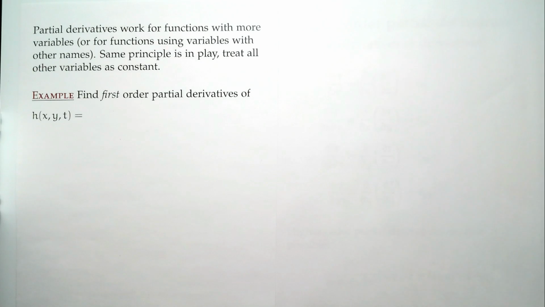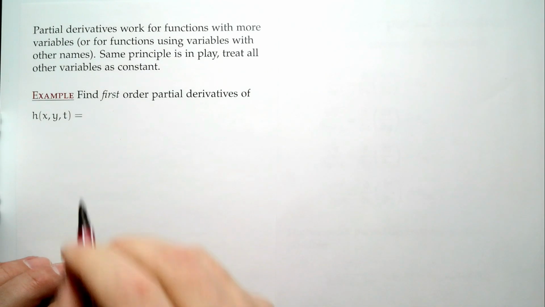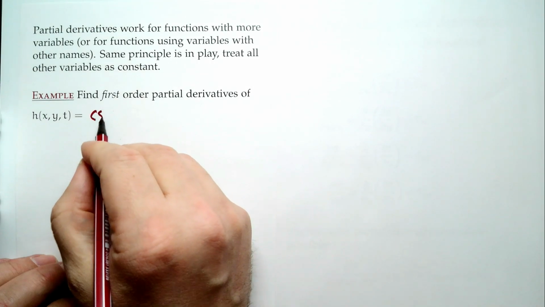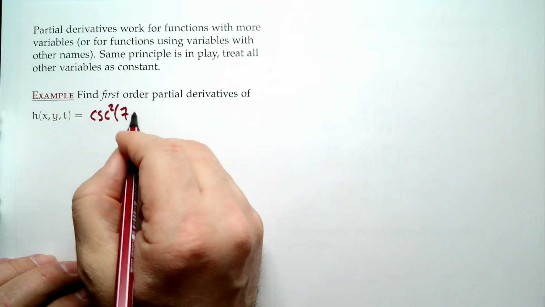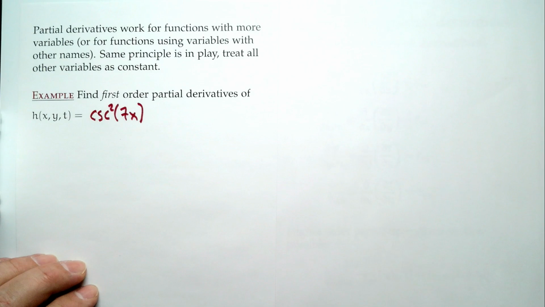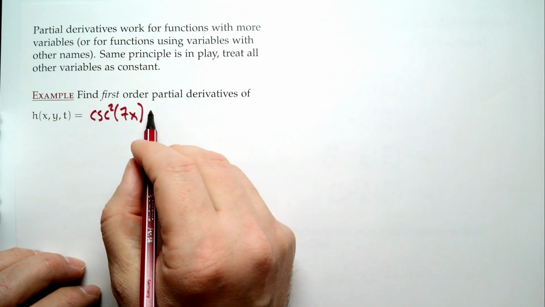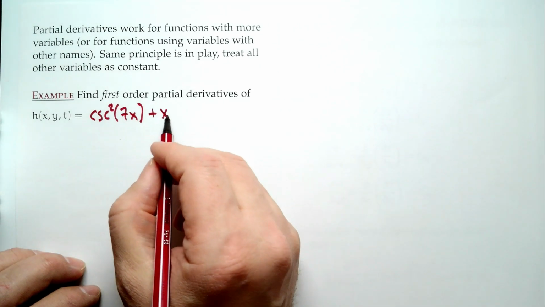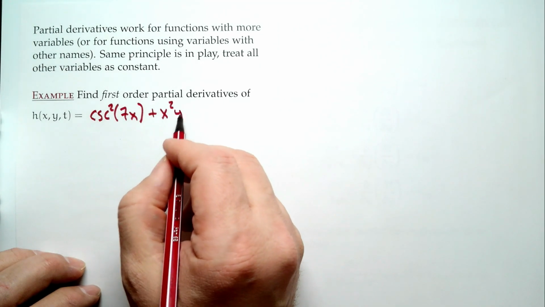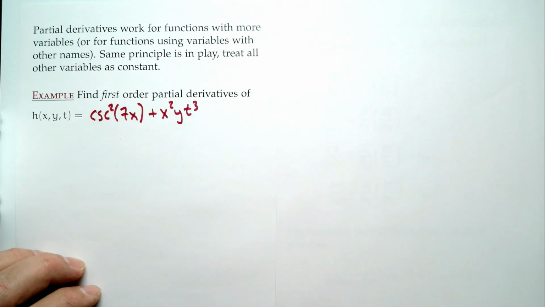Cosecant squared of 7x. Okay. All right. Cosecant squared of 7x. Now we're not integrating. Keep in mind we're taking a derivative, but all right. Should also have y's and t's in there at some point. Okay. Well, I'll start throwing things in. X squared y t cubed.